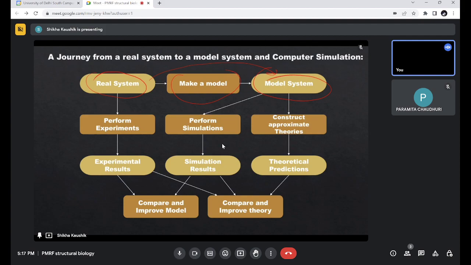I'm not saying that so far we have achieved exact real models, but we are very close. Whenever we do something through molecular simulation, we try to validate it through a real system as well.